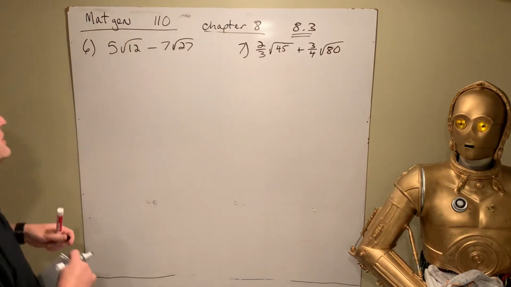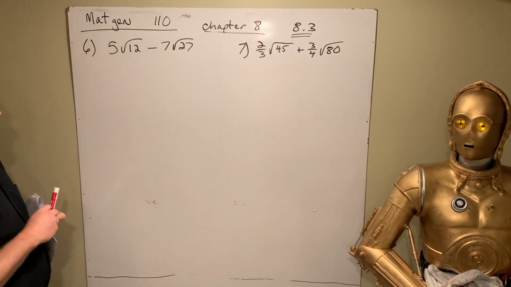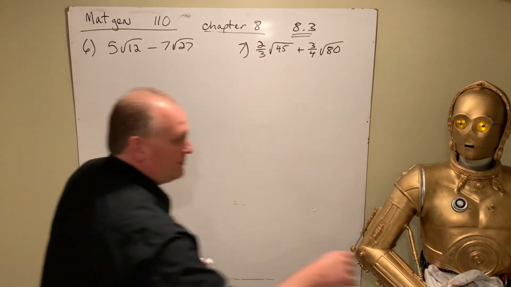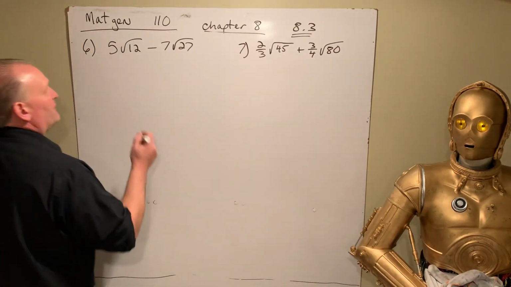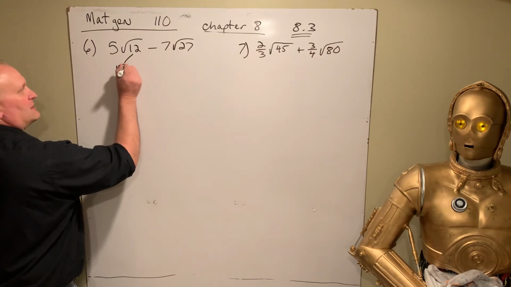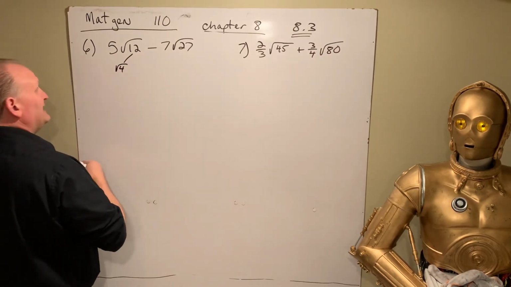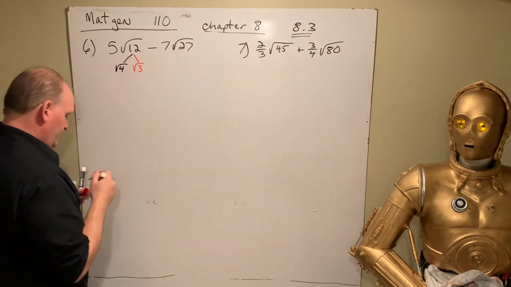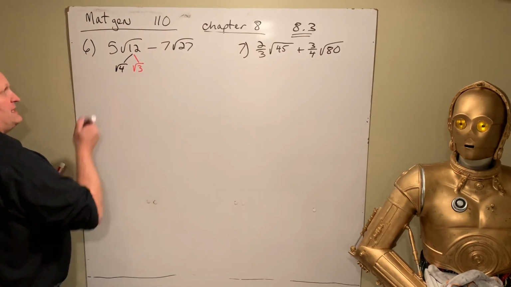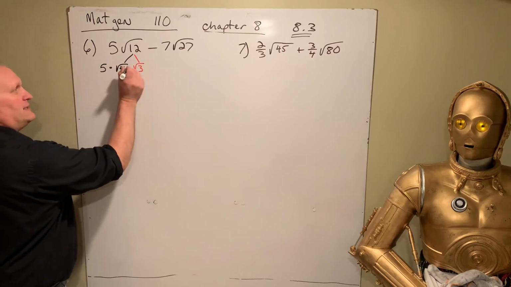Okay, so that means we're going to simplify these. So look, we're going to break this down, we'll use black, into perfects and leftovers. Perfect, square root of 4, leftover, square root of 3. And the 5 is still in front, 5 times that times that.